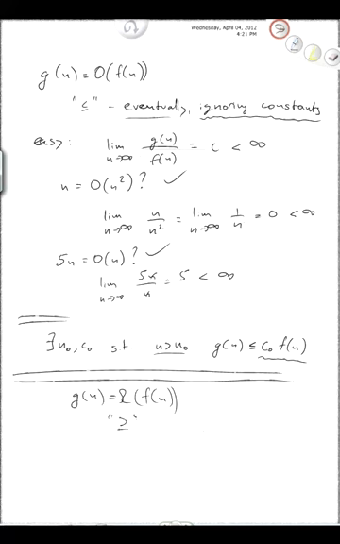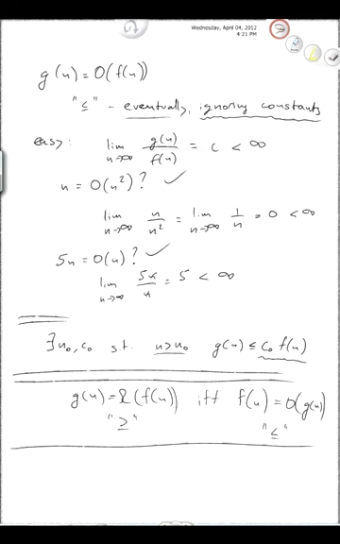So it's saying that g of n is growing bigger than f of n. So really this statement is true if and only if f of n is O of g of n. What I did here was I just swapped the direction of the inequality. Here it's the original less than or equal to sign that we saw at the beginning. So that's how you can say greater than or equal to.